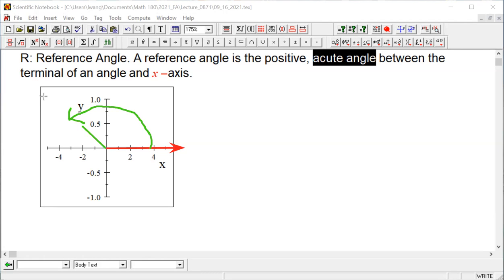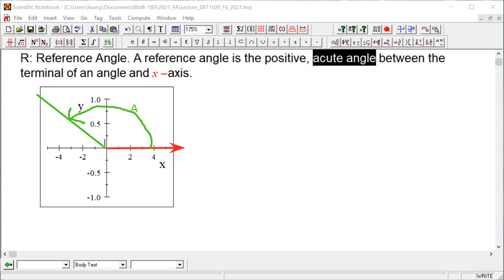My angle is always measured from standard position. That's my A, but what will be the reference angle? Read the words. The reference angle is the positive acute angle between the terminal of an angle and the x-axis. So here's the x-axis. Between the terminal and the x-axis, there are two angles, right? What are these two angles?